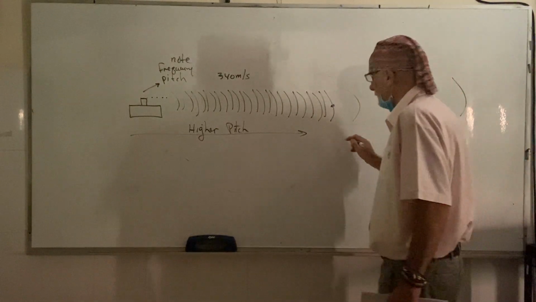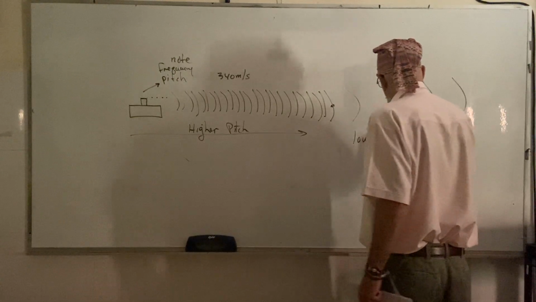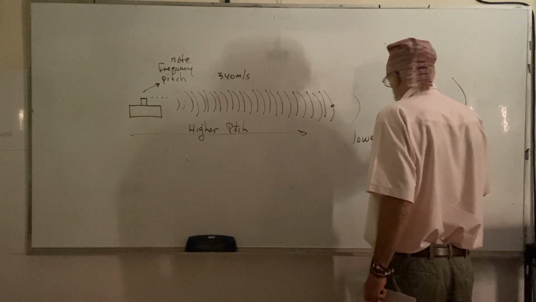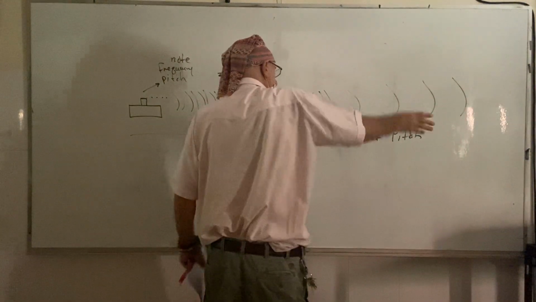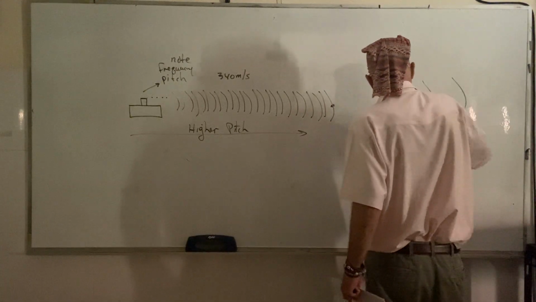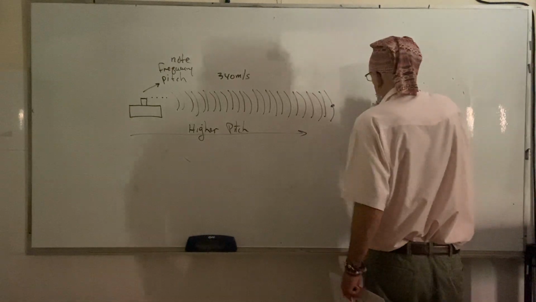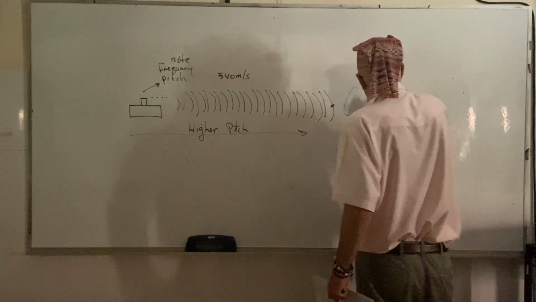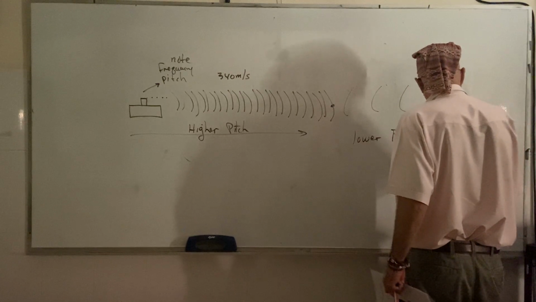You get a lower pitch once they pass you. So in other words, you're right. I should reverse this. Now it's passing you, and now the wave fronts are coming like this, because the ambulance is over here now.